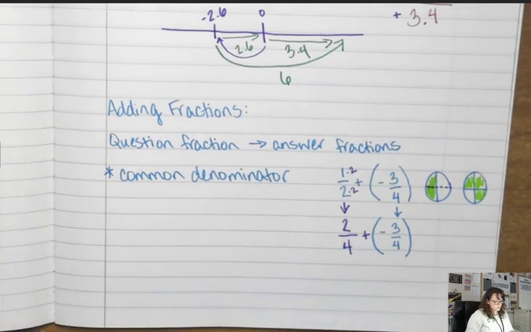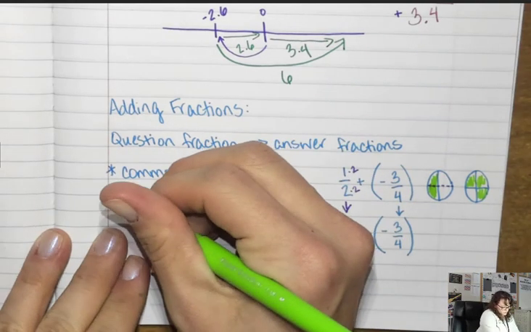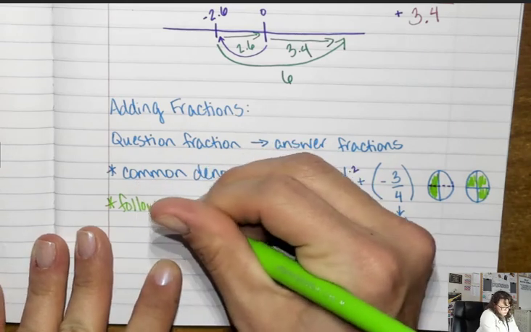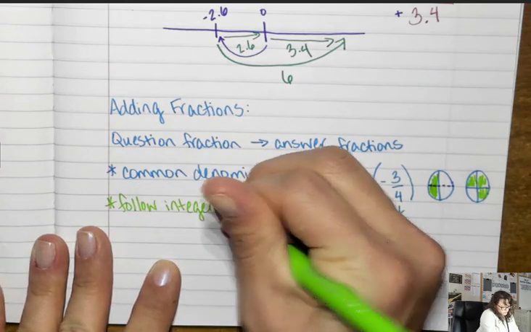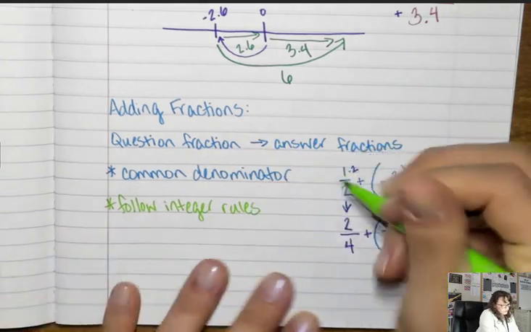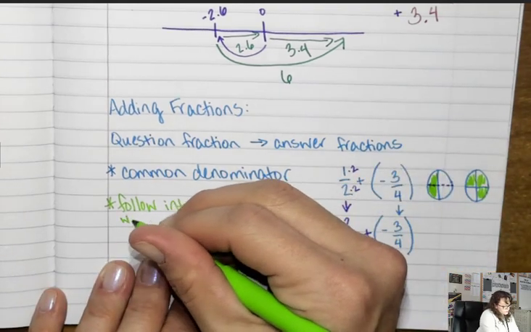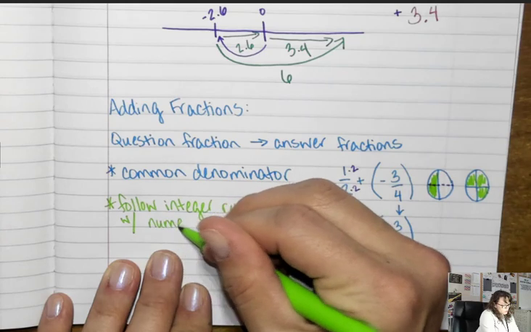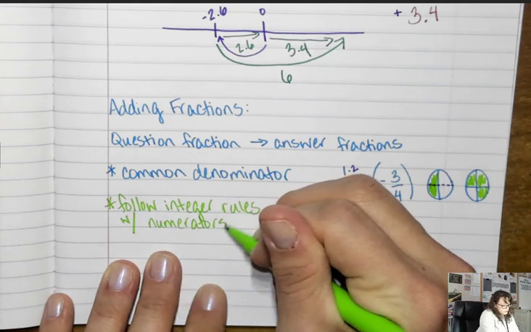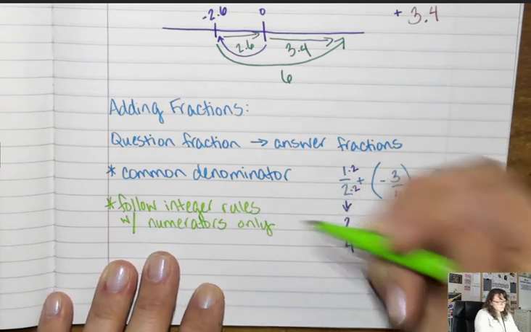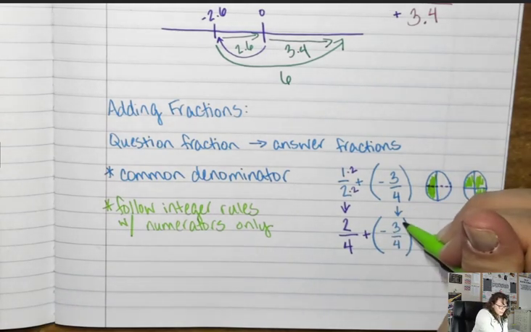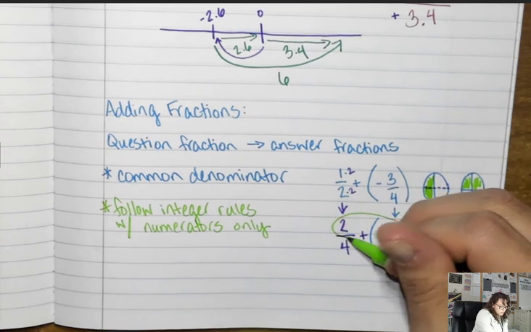Now we follow our integer rules with our numerators. Follow integer rules with numerators only. So I'm only going to look at these two numbers.